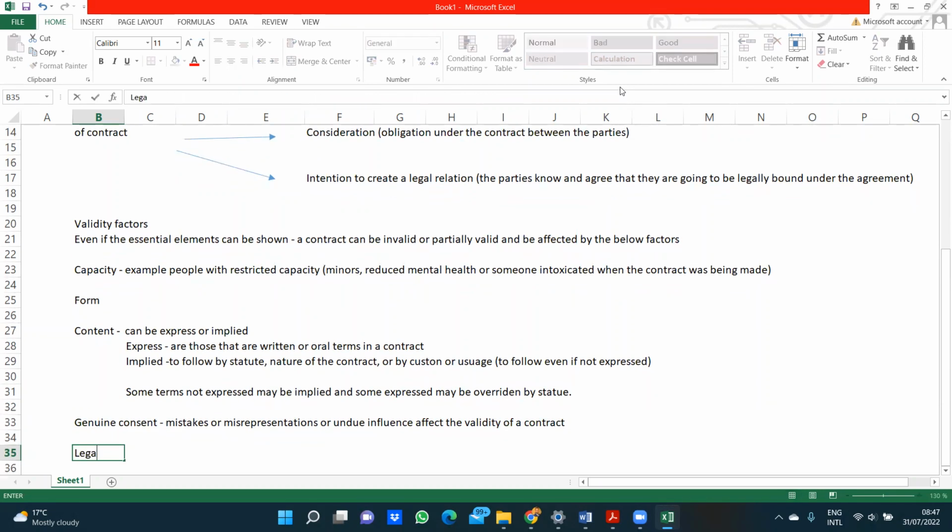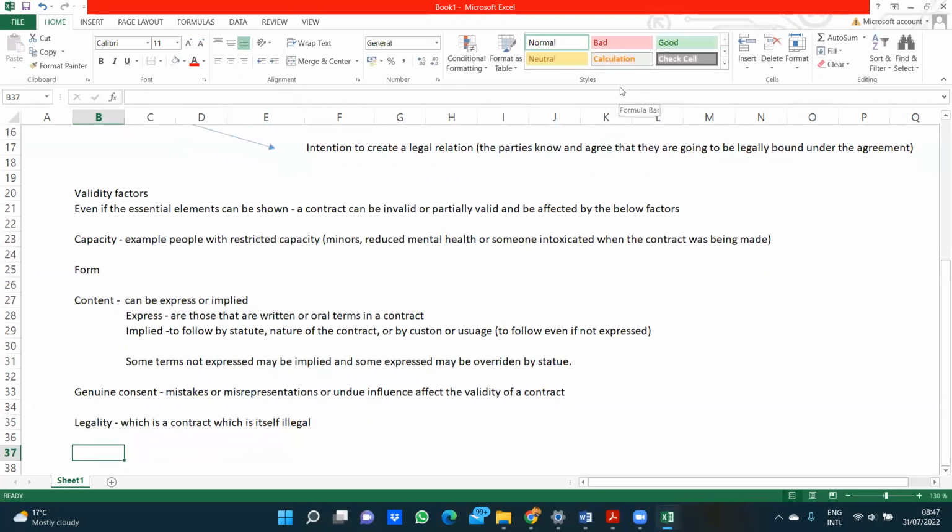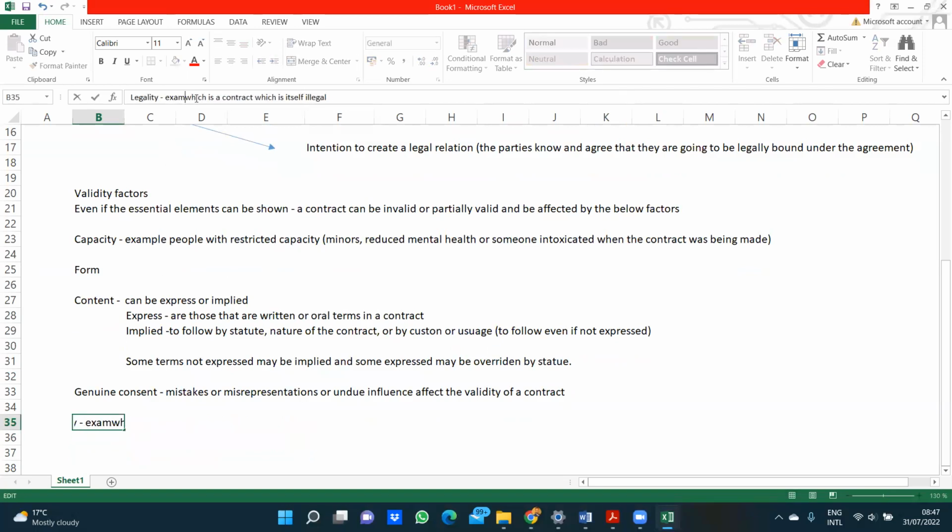Legality: a contract which is itself illegal.